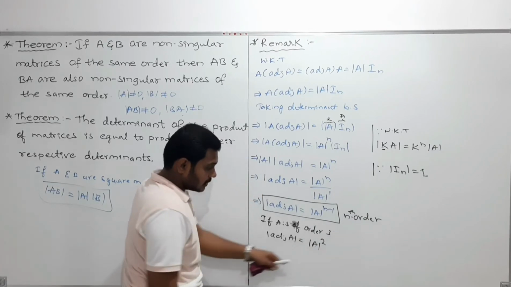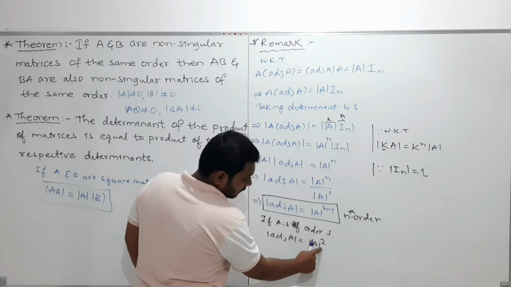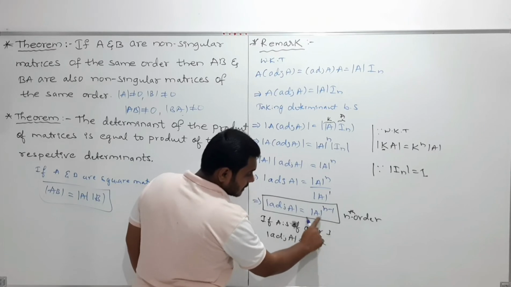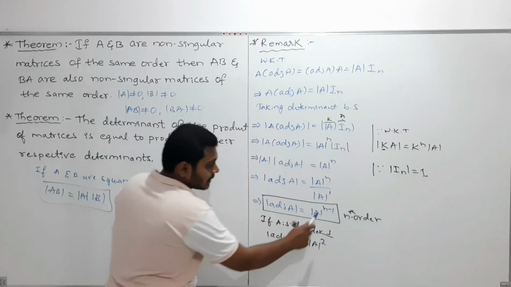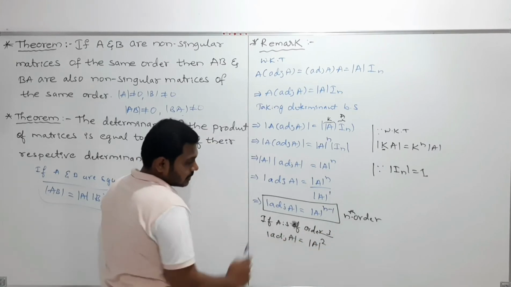Determinant of adjoint of A is equal to determinant of A whole to the power n minus 1. Here it is for the nth order, n minus 1. A is of order 3, so 3 minus 1. Therefore determinant of A square. Like this you can write.